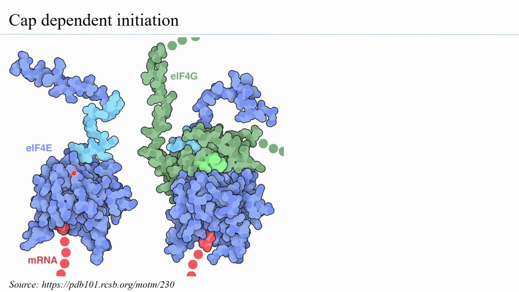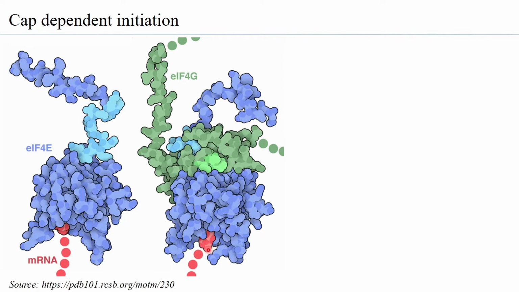When EIF4G binds, there is a slight folding of the tail of the EIF4E, and with this folding you will see a slight change in the conformation of the EIF4E, exposing that part of the EIF4E that can bind to the mRNA. This is the part that can bind to the 5' cap of the mRNA. As you can see, where here it is more hidden, here it is more exposed.